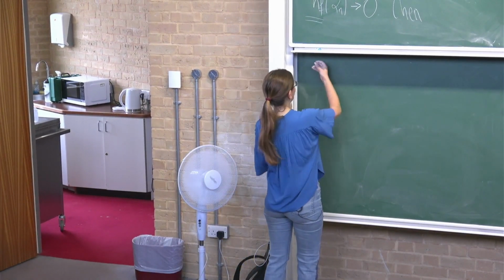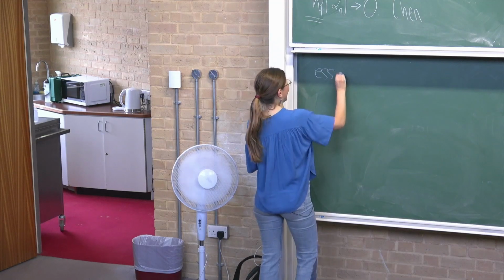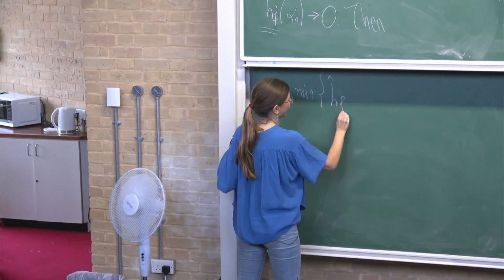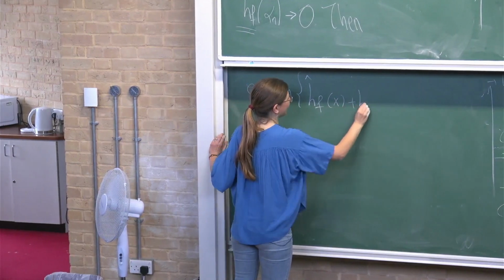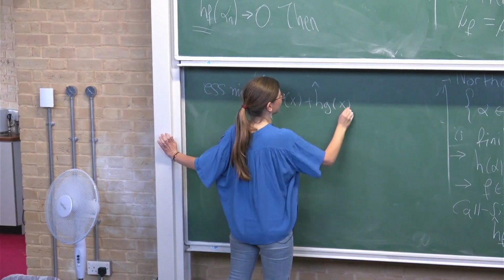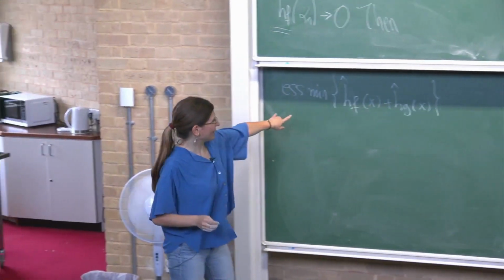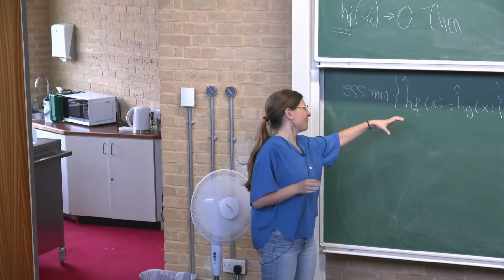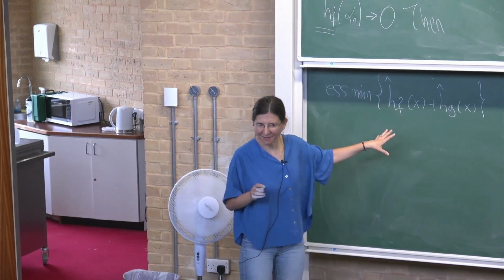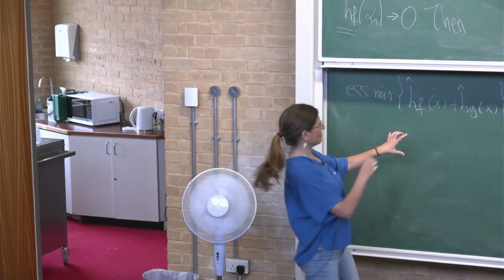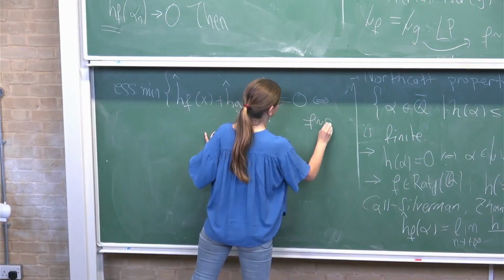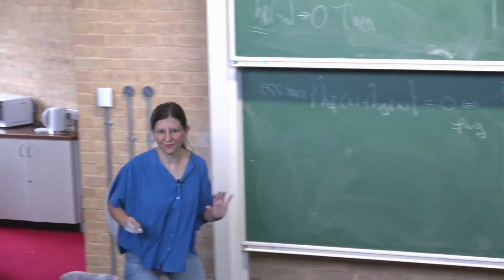So in other words, I'll write S to mean the essential minimum of the canonical height sum, meaning the infimum if I throw away finite sets. So we proved that this is 0 if and only if f is related to g.